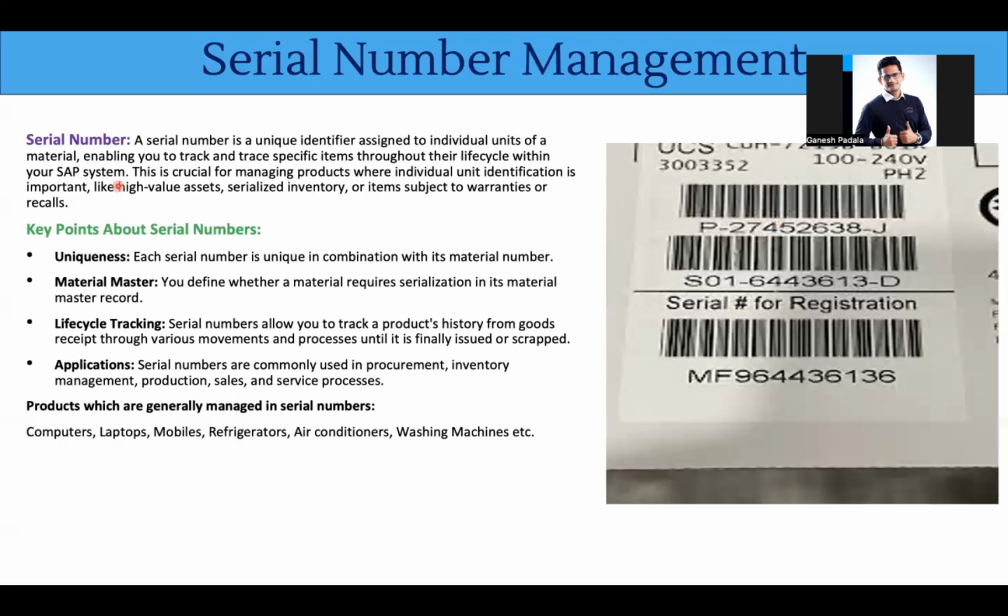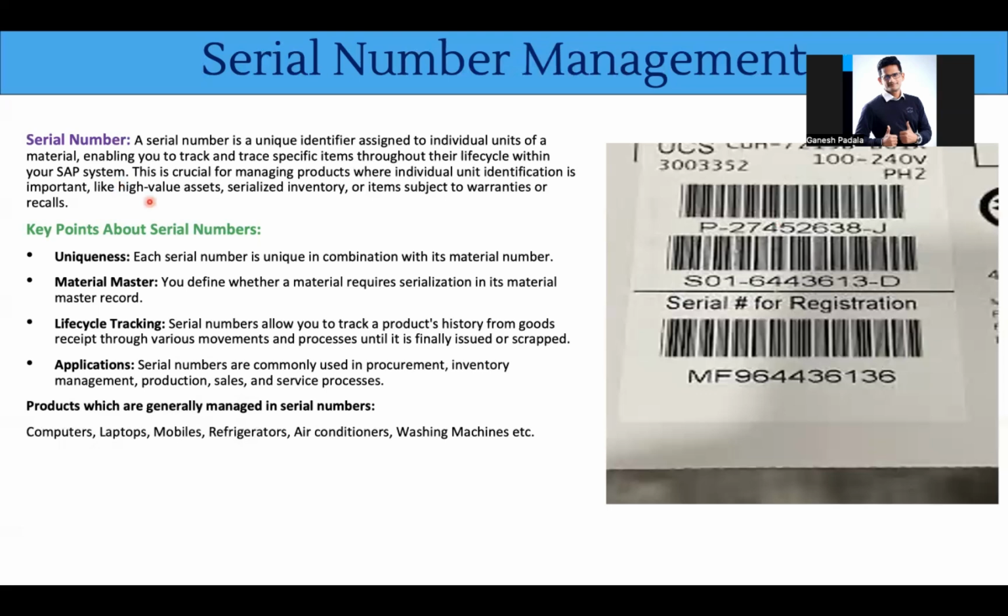And the serial number will also help you identify where it is exactly available now: whether it is in quality, in the warehouse, or already sold to the customer, and which customer you sold it to, because the serial number is assigned in the outbound delivery while selling to your customer. This kind of tracking is very good. Here it is mentioned that it is for high value assets and products which need warranty and unique identification.